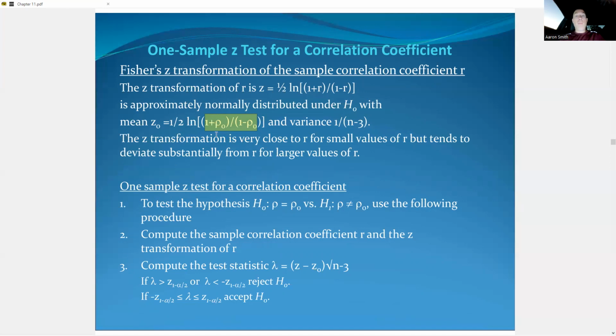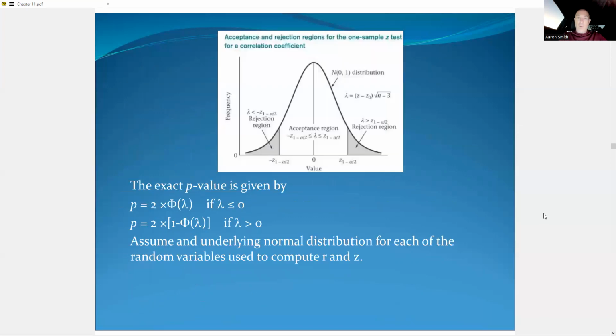If my null hypothesis is that the correlation is equal to 0, well, I get 1 on top of 1, and the natural log is equal to 0. So we'll have a normal distribution centered on 0, and the variance will be super small if I have a large sample size. And then we just do exactly the same thing that we've done every single time for hypothesis testing.